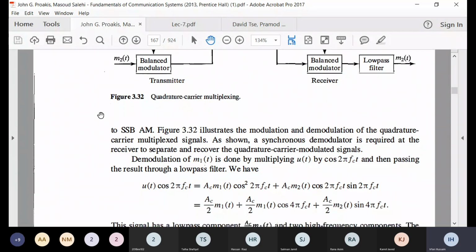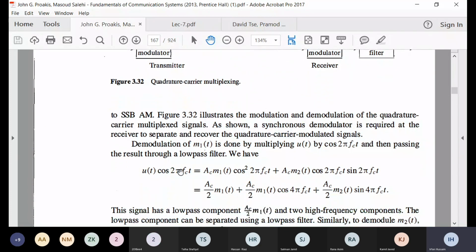So here you can also see what is happening. Let us say your signal is multiplied by cos 2 pi fct. This signal which was sent through a cosine was equal to AC M1t cos 2 pi fct.